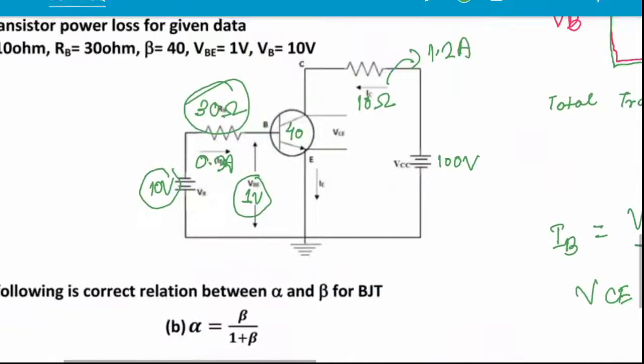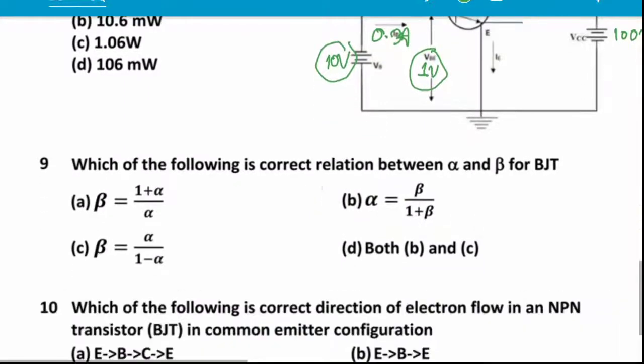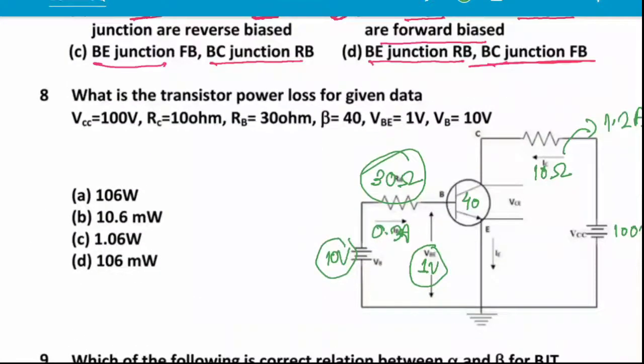So this is the problem which describes the total junction power, or the total power loss due to junction temperature.